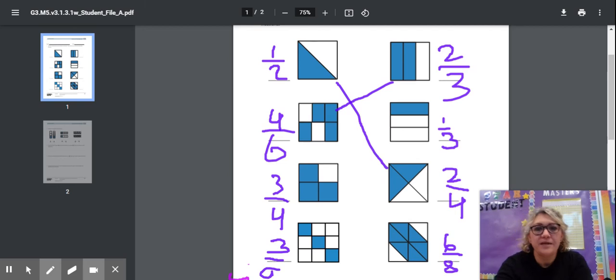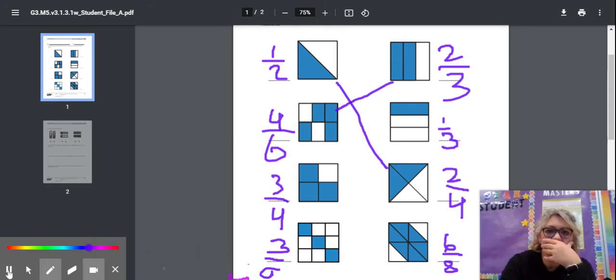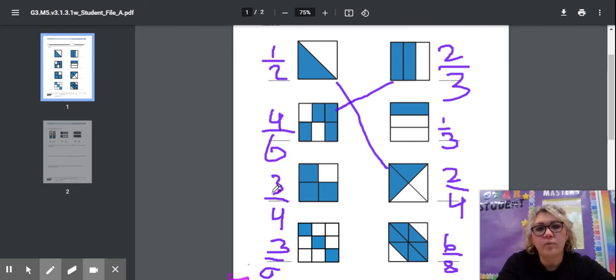Okay, so 3/4 and 6/8. Well, 6 is exactly twice as many as 3, and 8 is twice as many as 4.